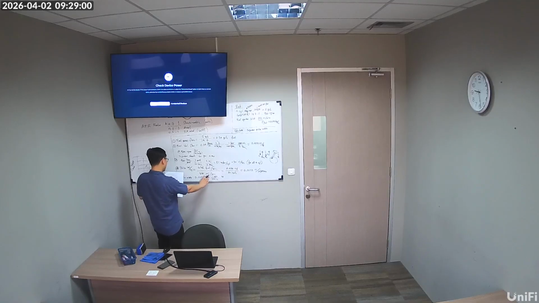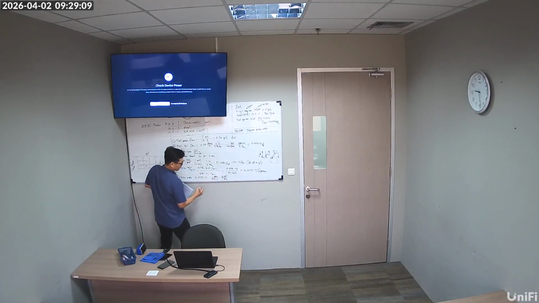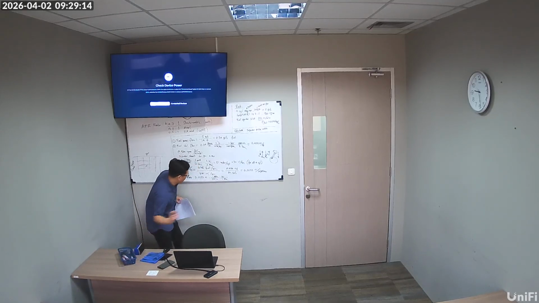And I want seconds, right? So 60 seconds per 1 minute. But I want seconds. I want the final units. So leave it.